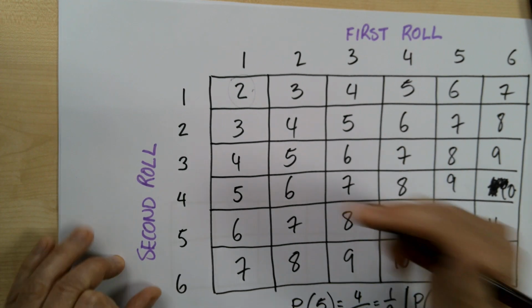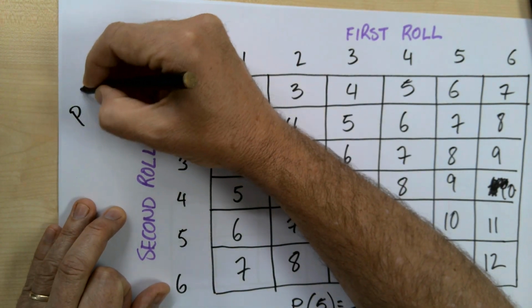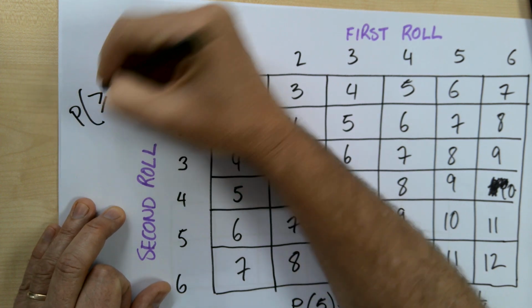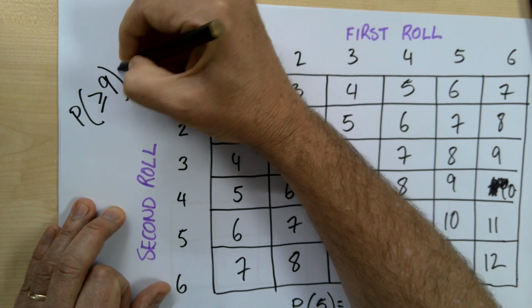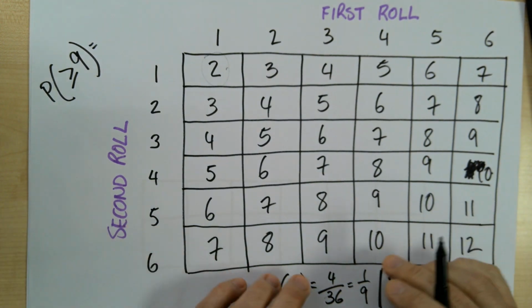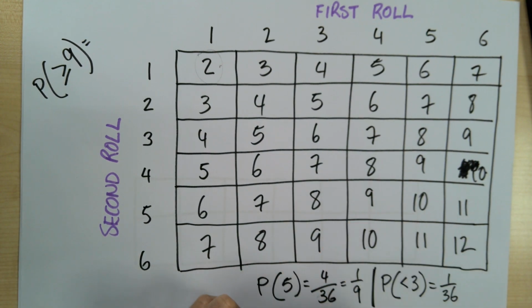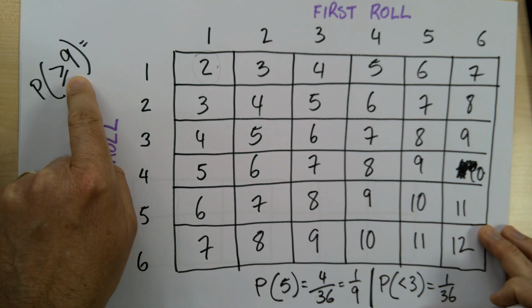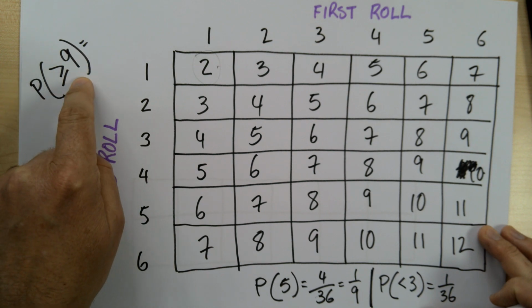Let's do another one over here. What's the probability of greater than or equal to 9? Let's look at it here. I'm going to colour this in. I'm after a zone on this table, aren't I? It includes 9. It's more than 9, but also including 9.